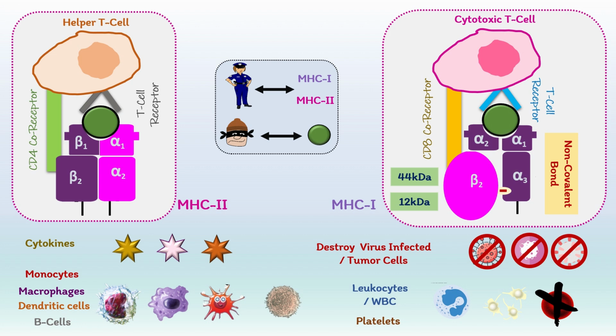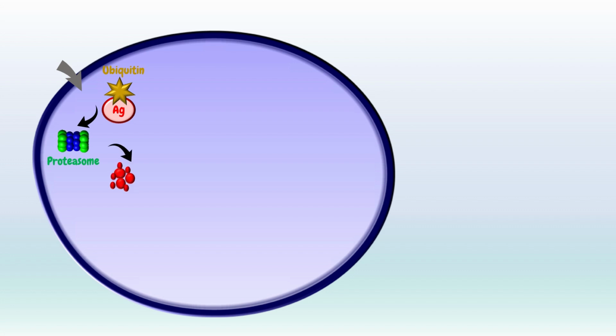TCR, or T cell receptor, is responsible for recognizing fragments of antigen bound to major histocompatibility complex molecules. Let's understand it. When a foreign body, such as a virus, enters the body, it is taken into the cell. They are marked by ubiquitin. Proteasomes break this into peptides by proteolysis.